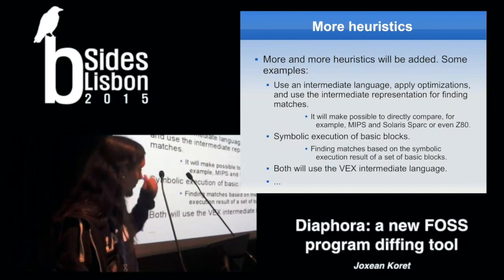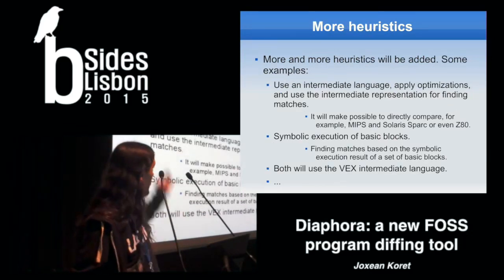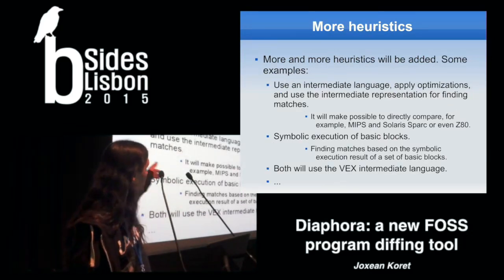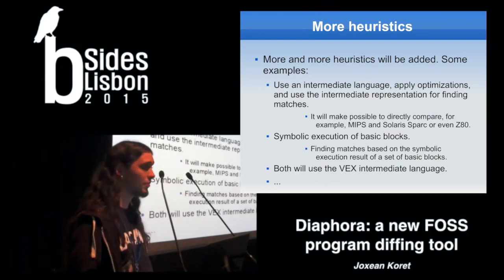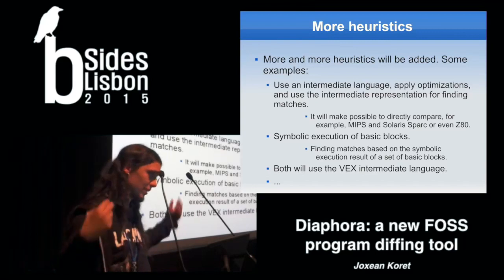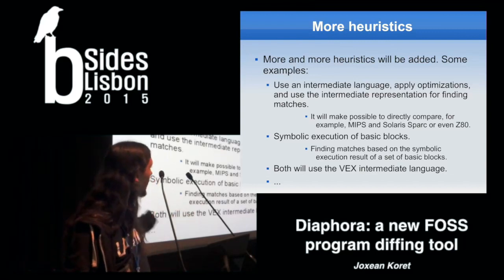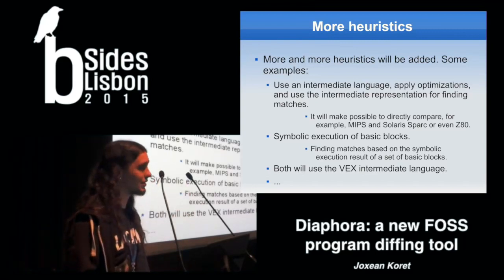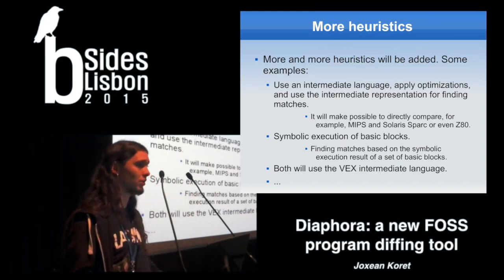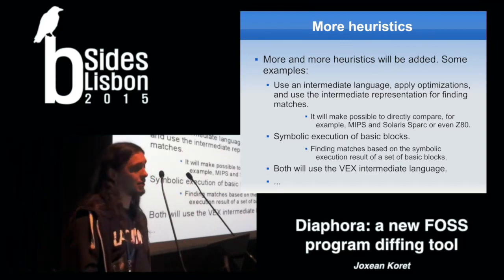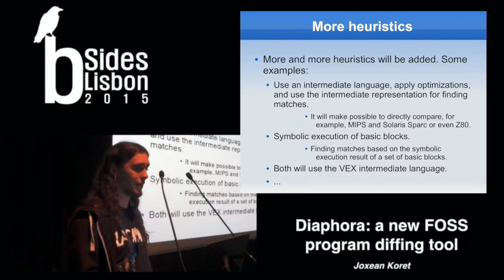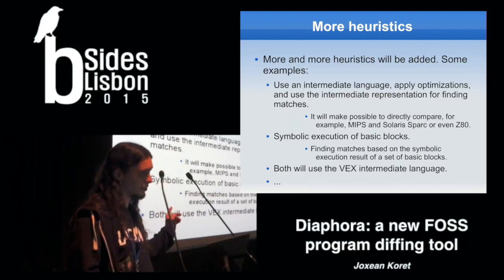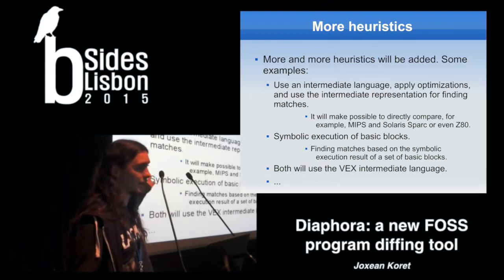Some of the improvements that I have in mind are more heuristics, like using an intermediate language instead of raw assembly, applying optimizations over the intermediate language, and then comparing the intermediate representation. It all gives good results, and it could be used to compare anything, like, I don't know, MIPS to SPARC. Also, I plan to use symbolic execution based on this intermediate language.